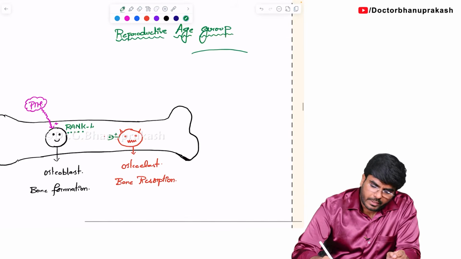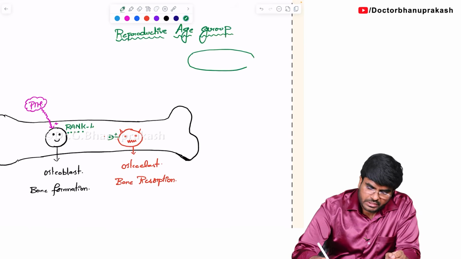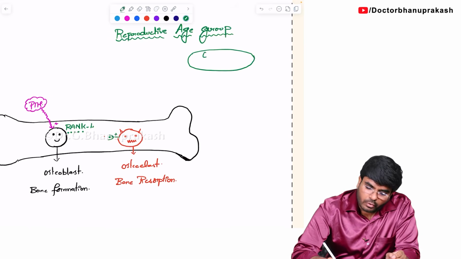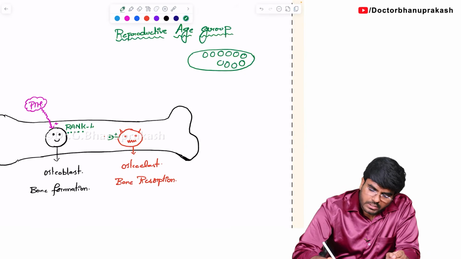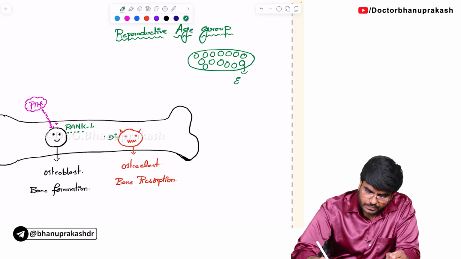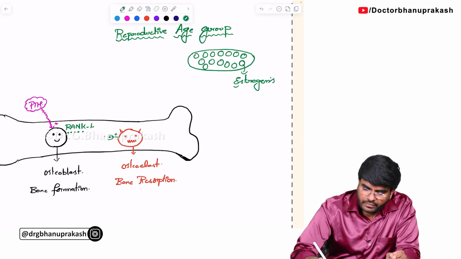We all know in a female who is in her reproductive age, she is having her ovaries and the ovaries are full of eggs. She is having lots and lots of ovarian follicles. Now, what are these ovarian follicles going to do? The granulosa cells of these ovarian follicles are going to make the estrogens. So, in a female in her reproductive age, she is having a lot of estrogen in her body.